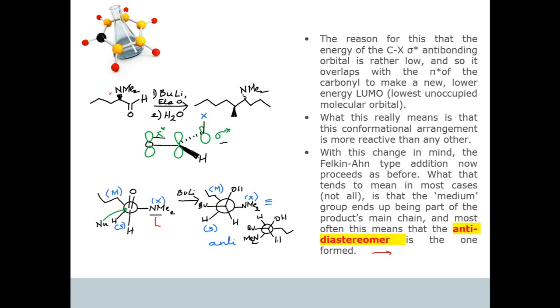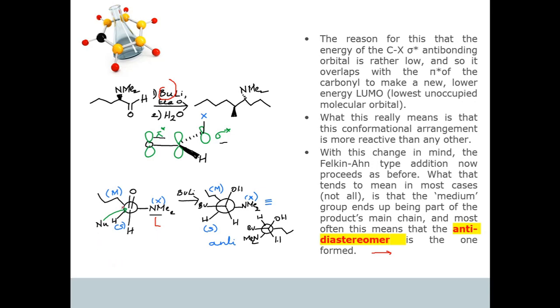Now I take up this molecule where I have a carbonyl group and hydrogen, and I am going to treat it with butyl lithium. So the butyl group is my nucleophile. Now when the attack takes place, we have to carefully draw the Felkin-Anh model where my electronegative group lies perpendicular to the carbonyl carbon. I have my medium group, I have my small group. Again, this molecule can have two transition states, and this particular transition state is preferred.